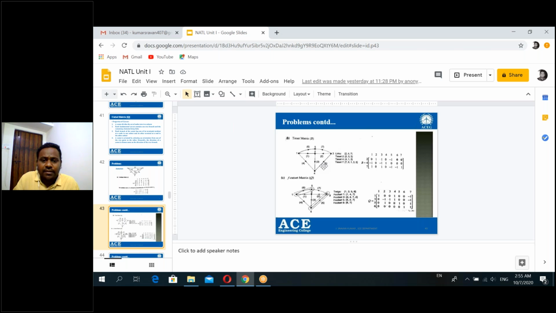If you consider 7, 6, 1, 2, then 7 is a link and 2 is also a link. This is absolutely wrong, because each loop should contain only one link. In 7, 6, 1, 2, both 2 and 7 are links, so we cannot consider this as a loop. So we will consider 7, 6, 1, 3, 5.